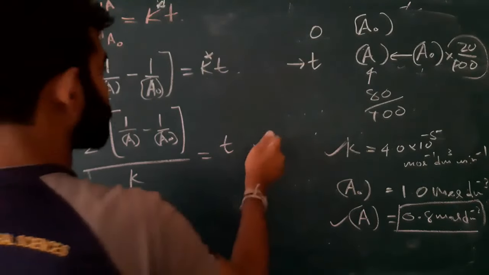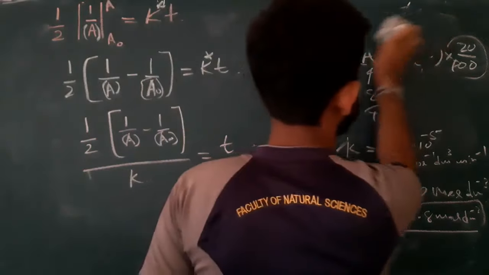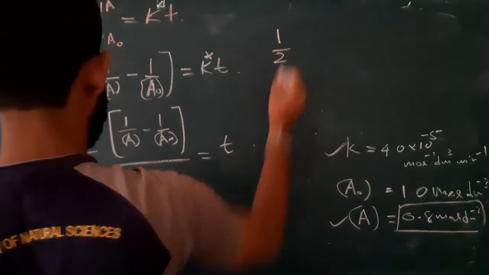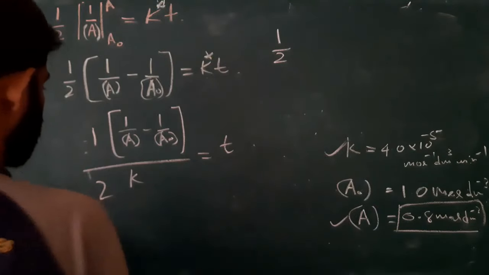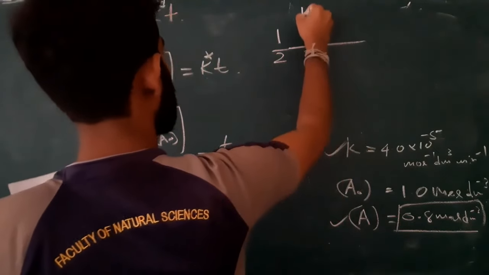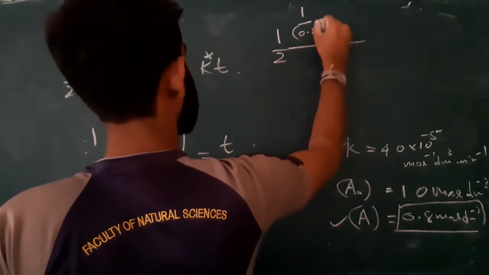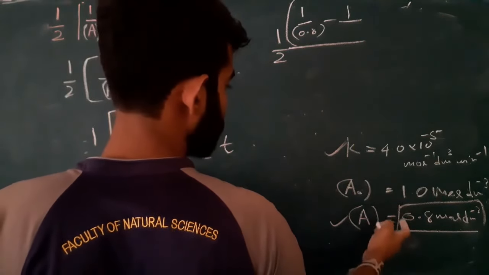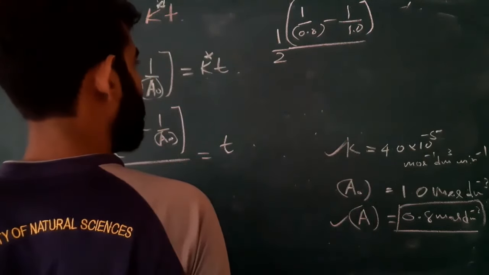Let's substitute. Half, here 1 over a will be 0.8, minus the initial concentration, which is 1.0, and divide by k.